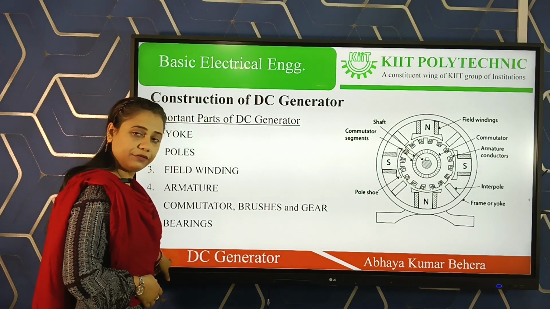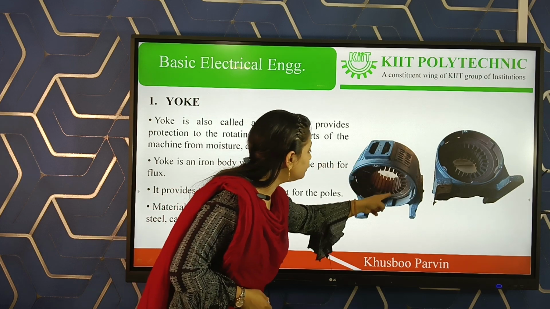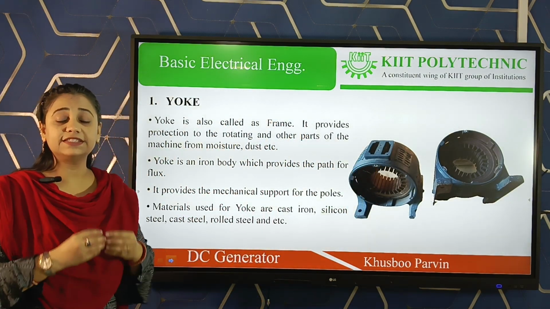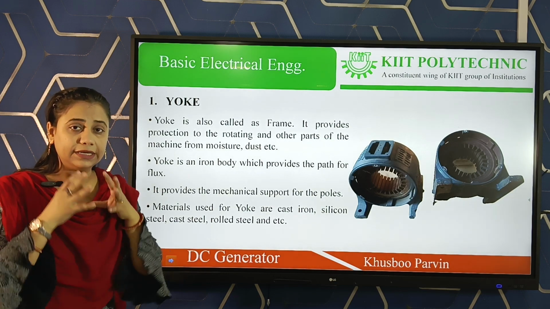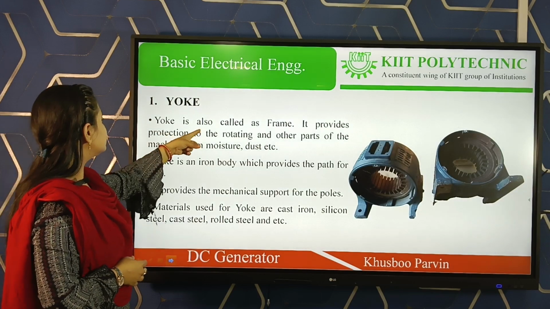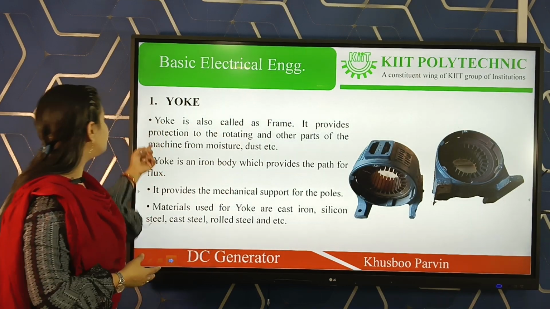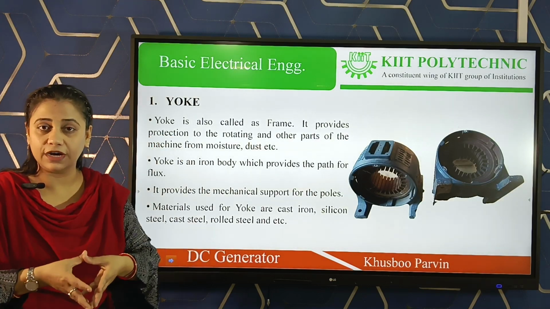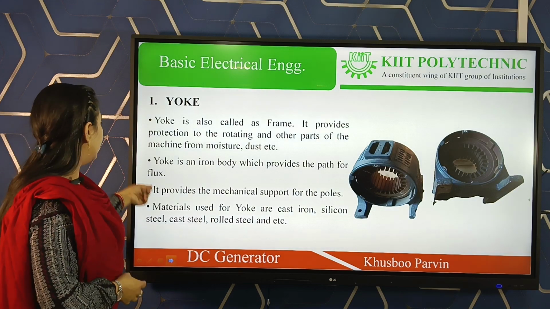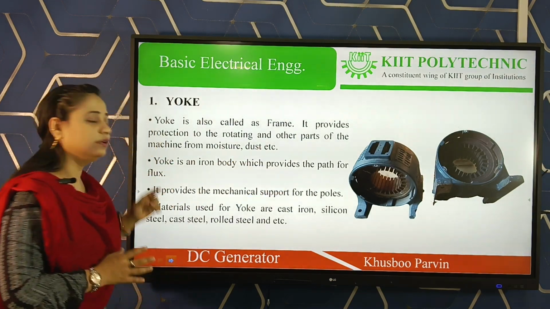Let us see the yoke in brief. The yoke is the outermost part of the DC generator. It provides mechanical support to the internal parts of the DC generator. Yoke is also known as the frame. It provides protection to the rotating or internal parts of the DC generator, and the yoke is an iron body which provides a path for the flux.